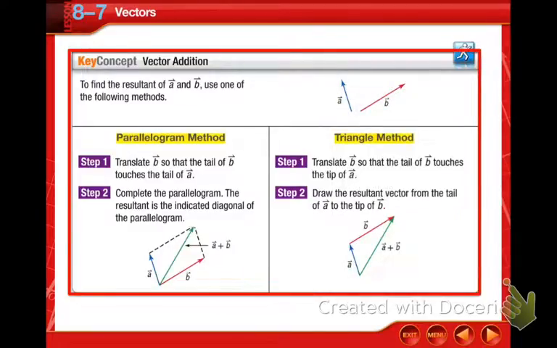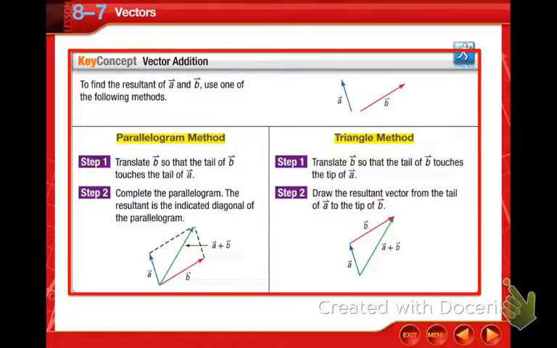Here are two methods that we are going to look at today to add vectors. When you add two vectors together, the sum, or the answer, is the resultant vector. So it's another vector. You add two vectors together, you get a vector. The parallelogram method is to translate the second vector so that the tail of it is touching the tail of vector A. Then you make a parallelogram out of that.